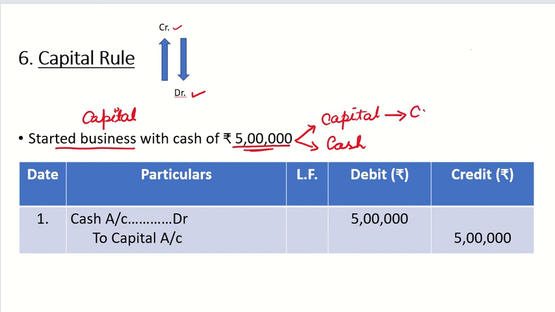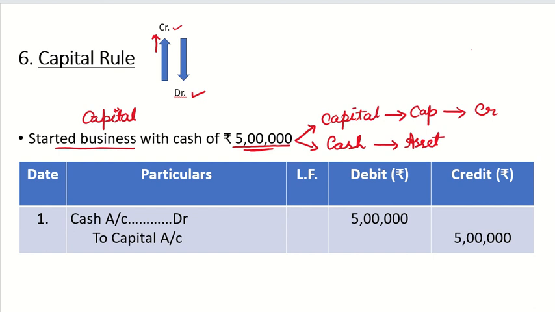Here the capital rule is applied, and for cash the asset rule is applied. Cash is the asset. Now, what is happening to capital here? They have started the business with cash of rupees 5 lakhs. So capital is increasing in the business, because money is coming into the business. When the capital is increasing, we are going to credit the capital account.